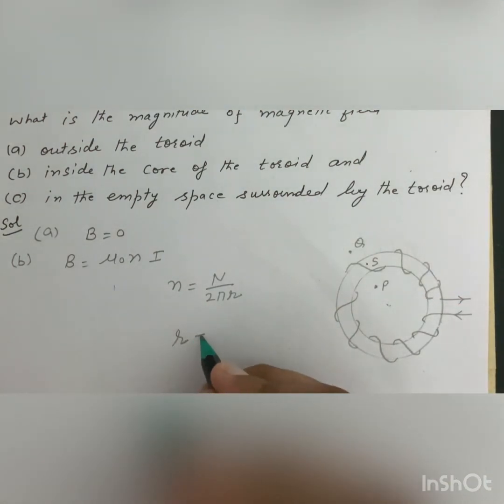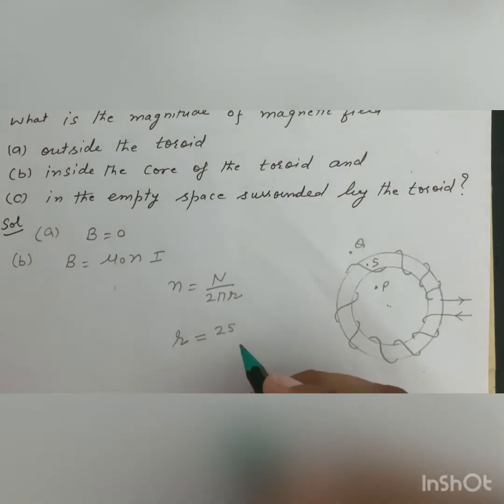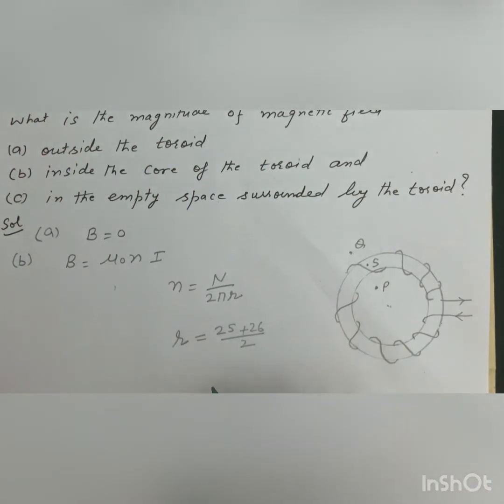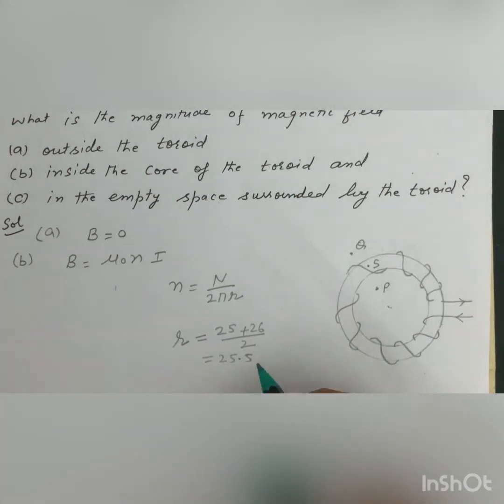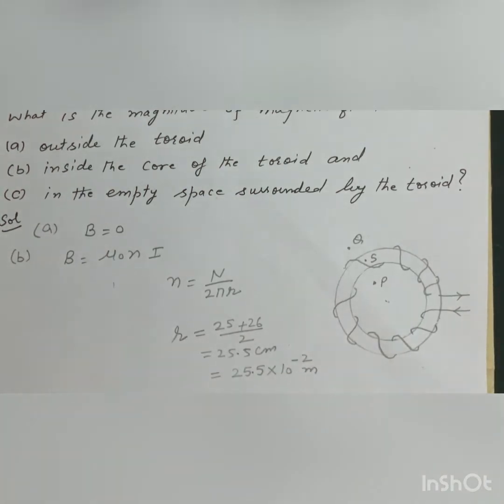So the mean radius is (25 plus 26) over 2, that is equal to 25.5 centimeter, or we can write it as 25.5 into 10 raised to power minus 2 meter.